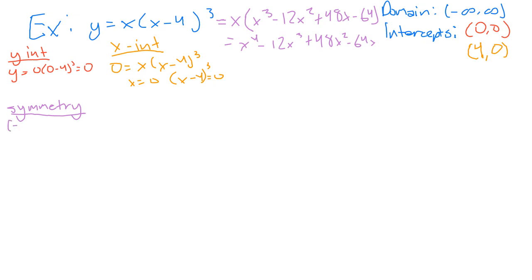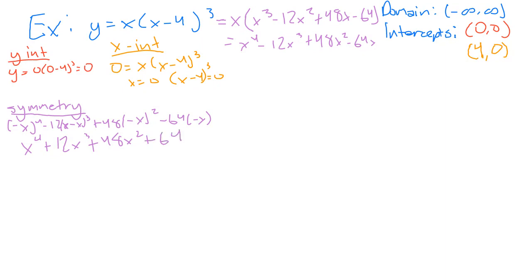We're going to get negative x to the 4th minus 12 times negative x cubed plus 48 times negative x squared minus 64 times negative x. So we're going to get x to the 4th plus 12x cubed plus 48x squared plus 64x.